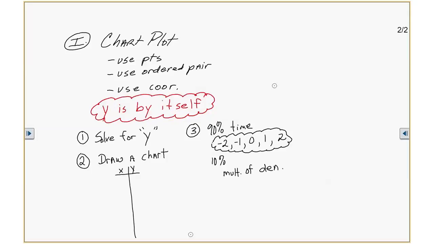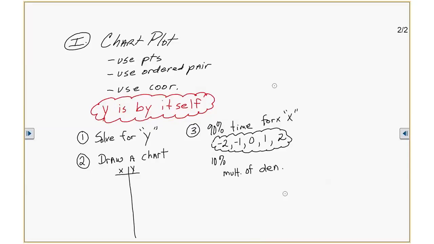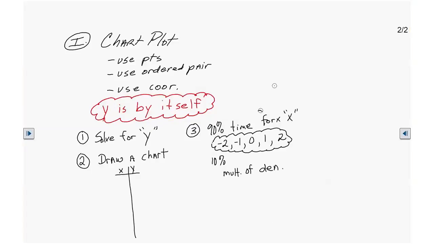So that's why I use those 5 numbers. Okay? And that was for X, yes. 90% of the time for X. Then, what's that for the number? Denominator. And this is for X.